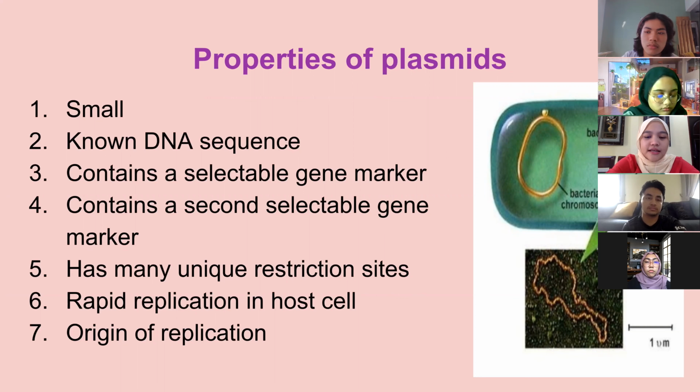Next, it has many unique restriction sites, so it allows flexibility in cloning. It also has rapid replication in the host cell, so it gives a higher yield but uses less energy. Next, it has an origin of replication. It allows the plasmid to replicate within and semi-independently of the host cell. Next slide.